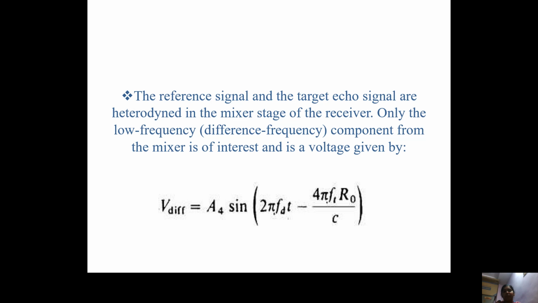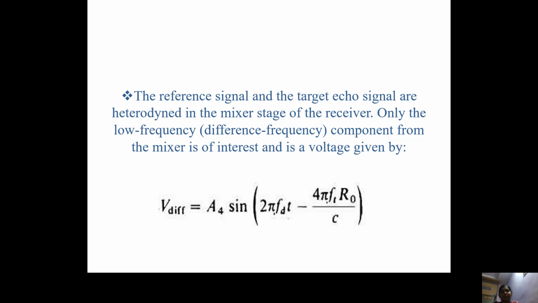Only the low frequency is of our interest, because the frequency shift introduced in the received echo signal is very low. Only we need this. This is the deciding, differentiating factor between moving targets and fixed targets. So it can be transmitted to the mixer.